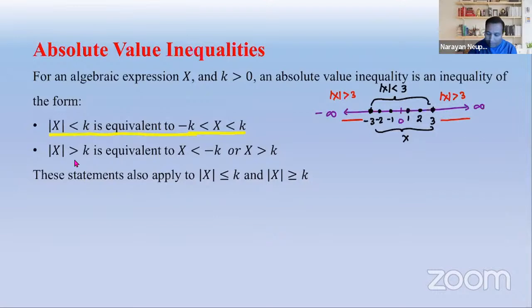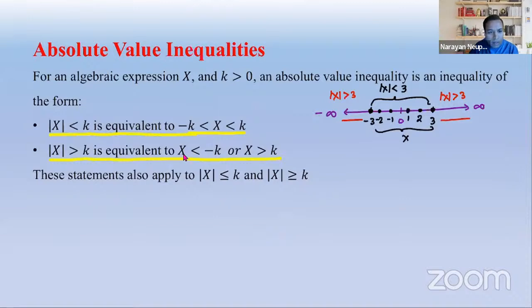So if we see greater than, like here in the second statement, if the absolute value of x is greater than k, then that is equivalent to two expressions. This is -3 here, and here it is +3, so the absolute value is greater than 3.